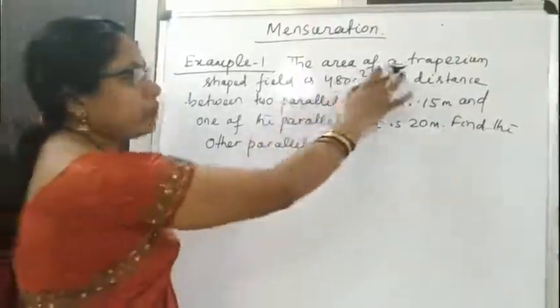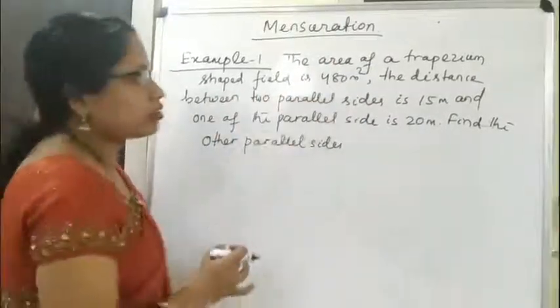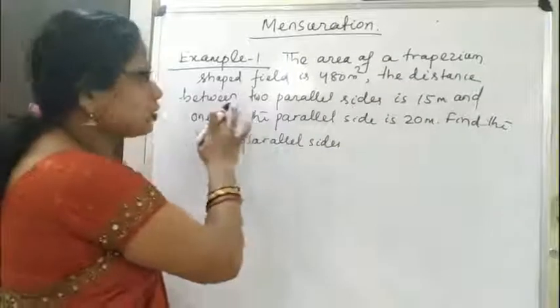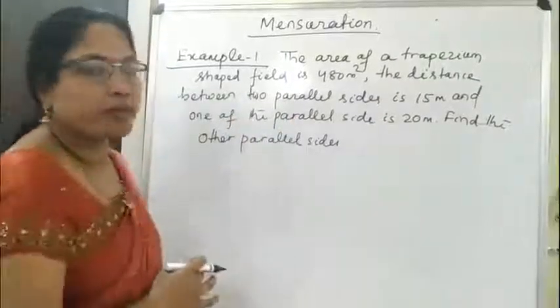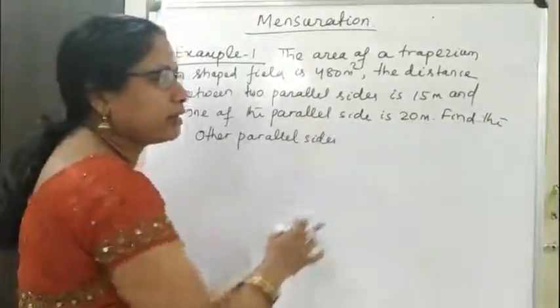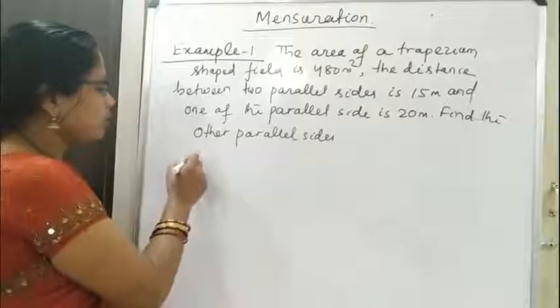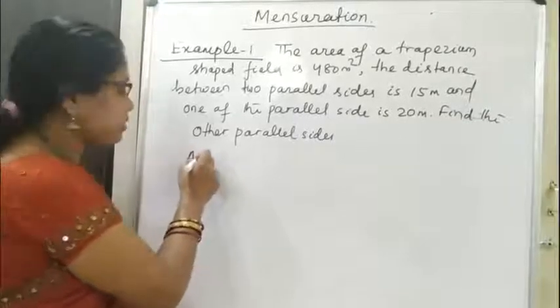The area of a trapezium shaped field is 480 meter square. The distance between two parallel sides is 15 meter and one of the parallel sides is 20 meter. Find the other parallel side. So here the area of the trapezium is given.